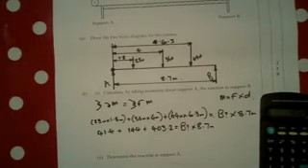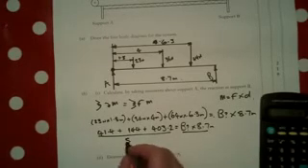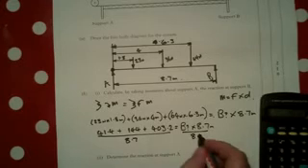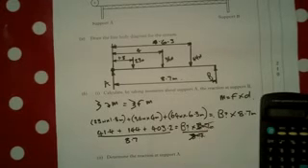Now we need to get B on its own, so we need to transpose that formula. So we divide both sides by 8.7, and lucky for us, these two cancel each other out.